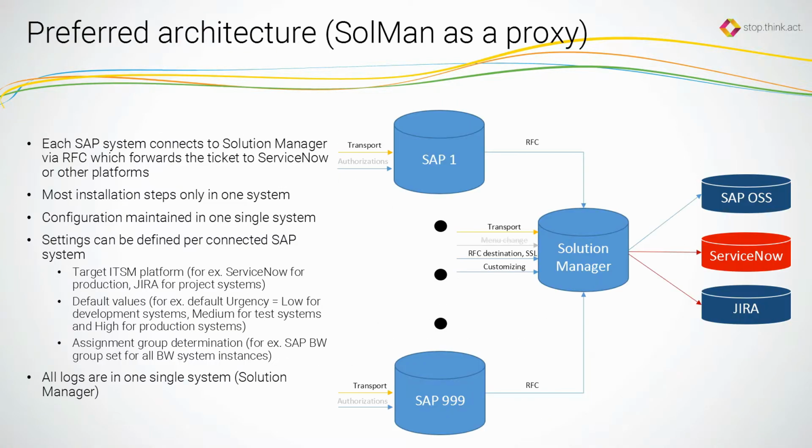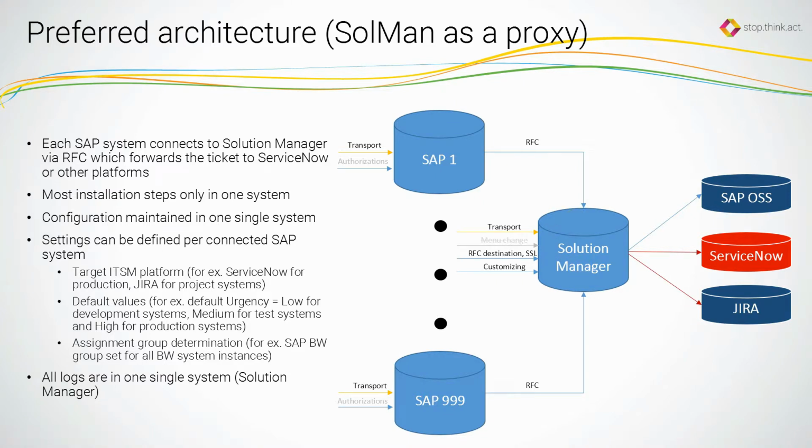So this slide is about the high-level architecture, and this is the preferred way of implementing the add-on. As you can see here, we have possibly many SAP systems, any kind of NetWeaver system, so ERP, HR, business warehouse, it doesn't really matter, and all are connected to Solution Manager.